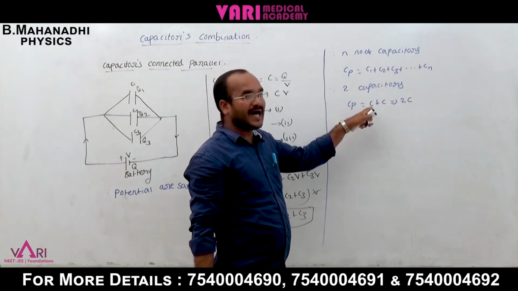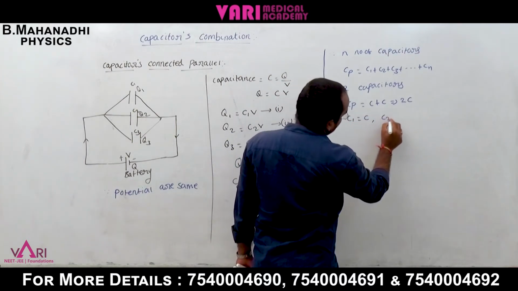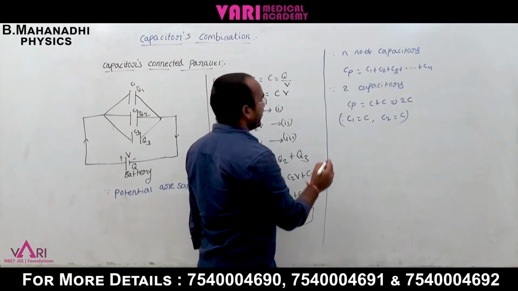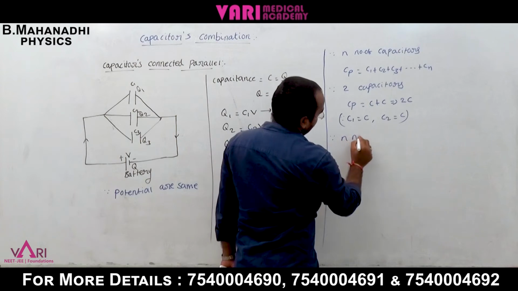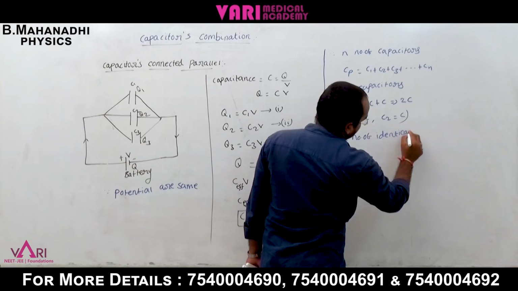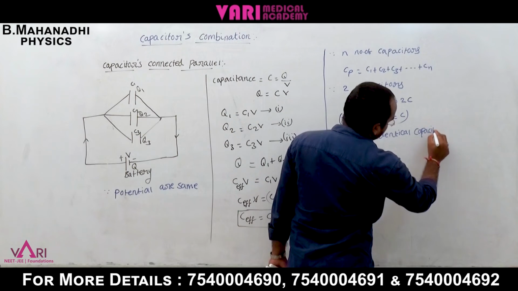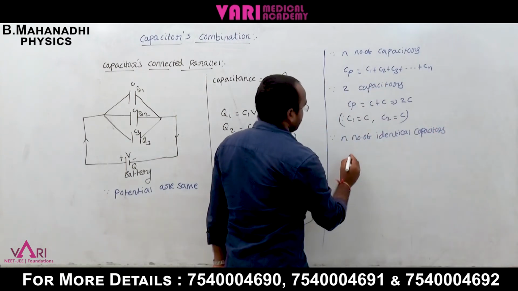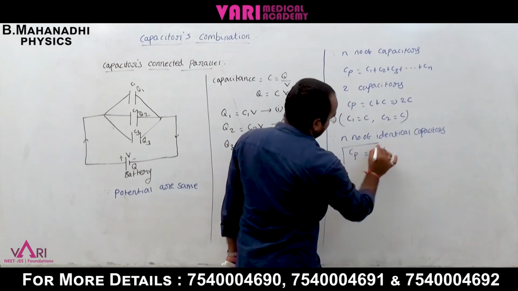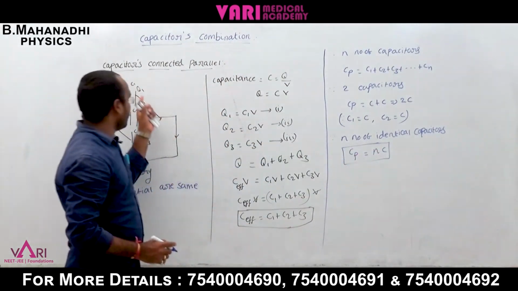These two capacitors are identical capacitors, which means C1 equal to C, C2 equal to C. Suppose n number of identical capacitors are connected in the parallel combination.